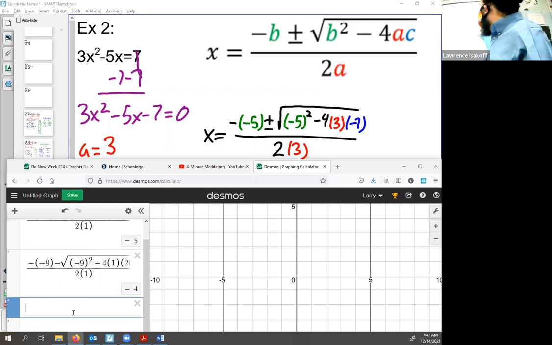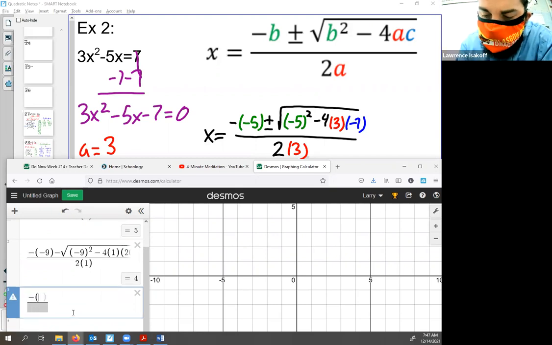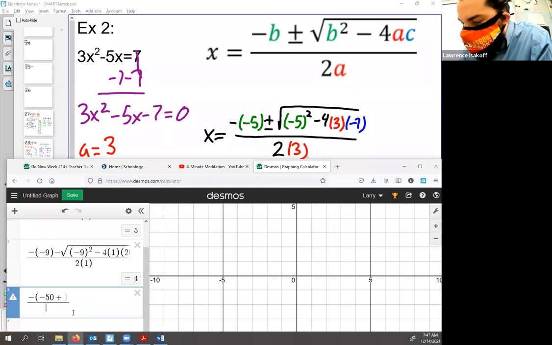So again, it's a big division here, a big fraction. So I hit divided by. Now I focus on the top. Negative, parentheses, negative 5 plus, whoop, that was a 0, not a parenthesis there. That's going to throw it off. There we go.